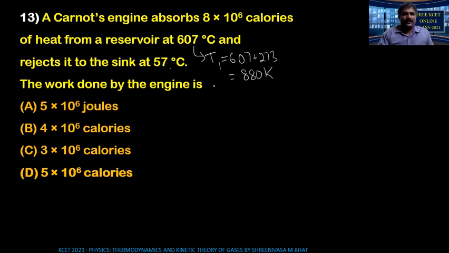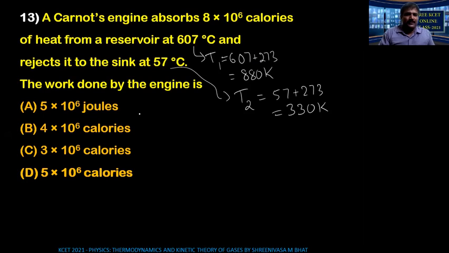Whereas the temperature of the sink, standard symbol T2, is 57 plus 273. It becomes 330 Kelvin. Now, efficiency we can find out. Efficiency of the Carnot's engine is 1 minus T2 by T1, equal to 1 minus 330 by 880. Remember, when you write T2 by T1, the numerator should be the smaller number.